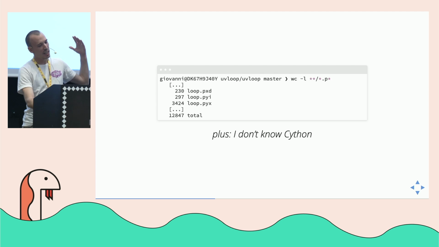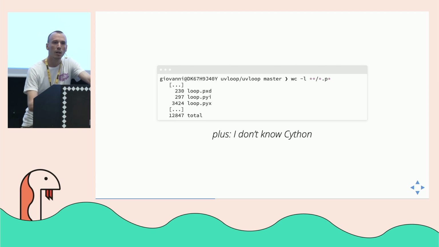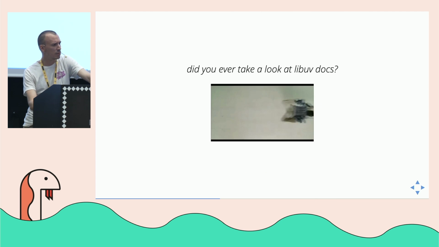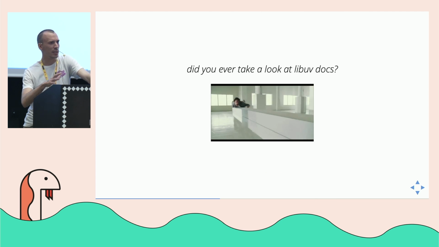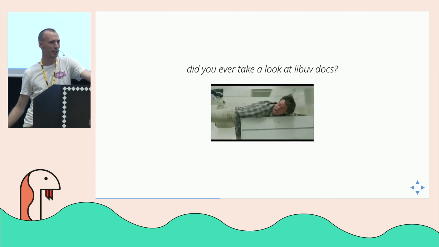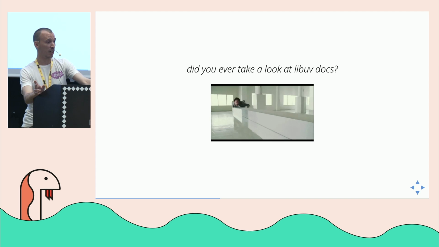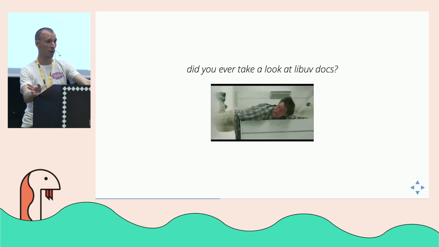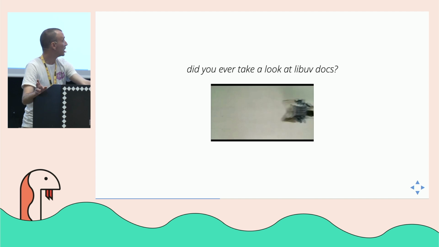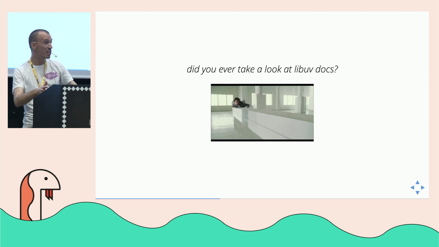So let's say that contributing to uvloop requires a lot of knowledge. I don't know if you ever looked at the libuv documentation, because this is how it feels. You start opening the libuv documentation, and my God, they do a bunch of stuff, which also means if you want to use libuv, you really need to learn about it, right?